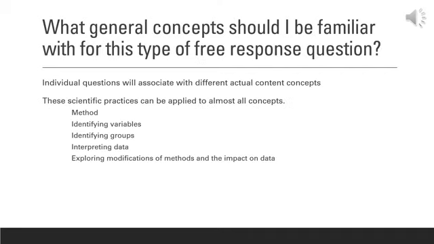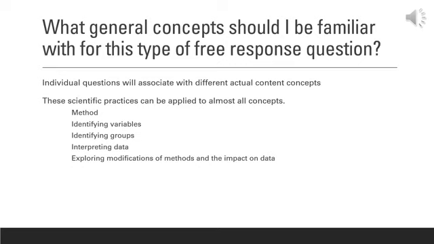So what general concepts should you be familiar with for this type of free response question? The individual content will vary from question to question, so it's impossible to say that you should be familiar with integrated pest management or agricultural practices or the use of mining resources in order to answer an experimental design question.